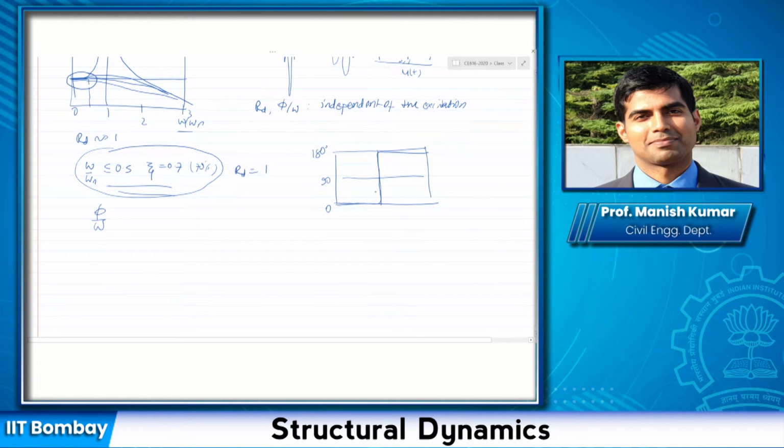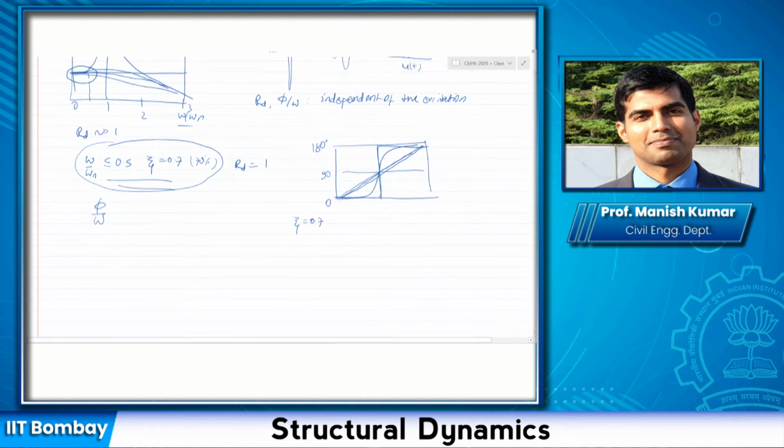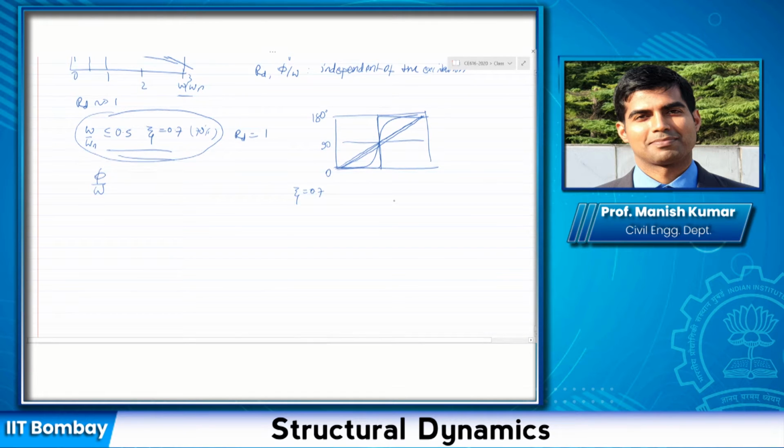As you increase the damping, it started to become like this, and for a very large value of damping it was almost like a straight line. So again for phi by omega as well, if we consider zeta equal to 0.7, you will see that this straight line is actually obtained.